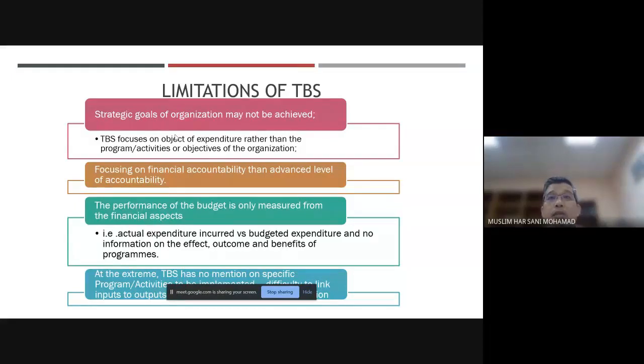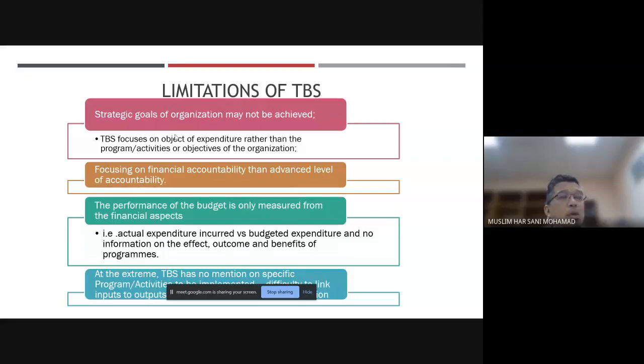If you relate to the level of accountability, of course, financial accountability is the lowest level of accountability. Right, the third point: the performance of the budget is only measured from the financial aspects, the actual expenditure incurred versus budgeted expenditure, and there is no information on the effect, outcome, and benefits of programs. All this you can see after the introduction of the new techniques.